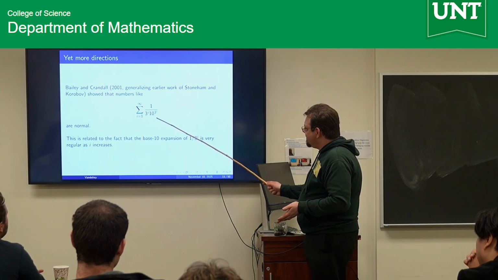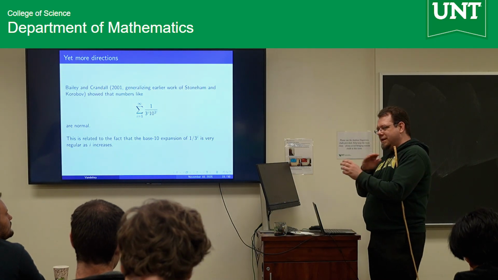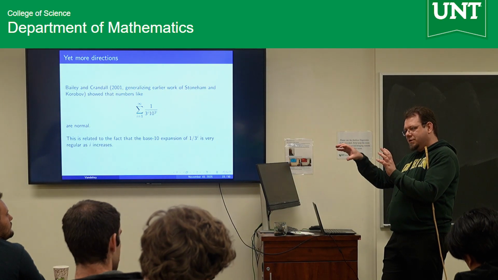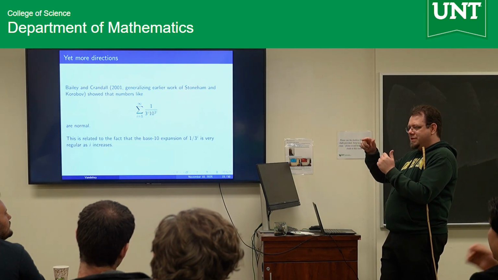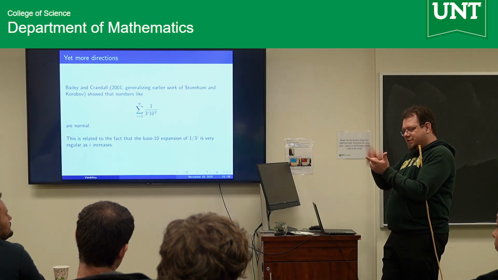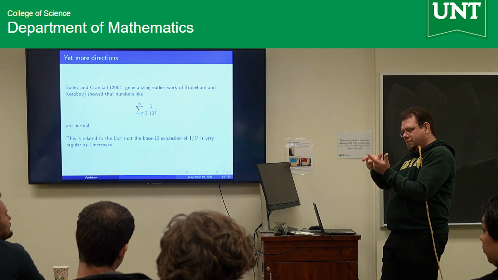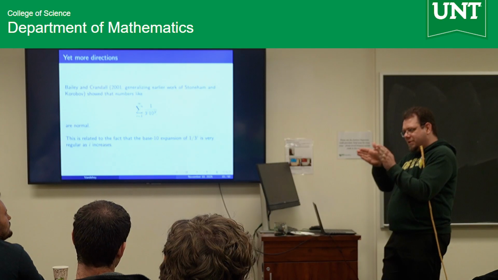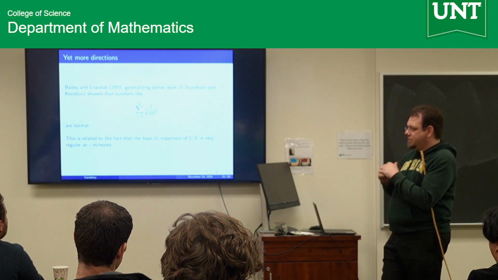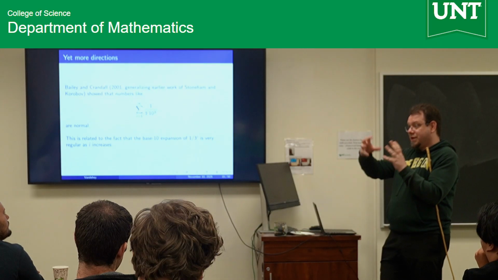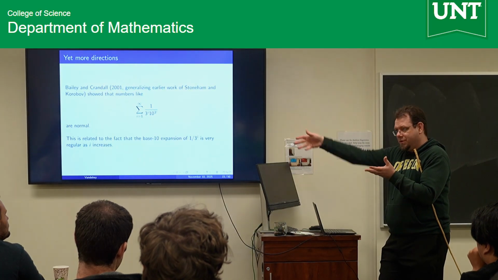But you need this gap for kind of the same reason that we had to have that massive repetition of things in that one construction. Because it's possible that, sure, 1 over 3 to the i has a nice expansion, but if you just slap a whole bunch of those things right onto one another, they could start to interfere with each other and suddenly you lose all the properties that you had. You need that gap to give one of those terms time to basically be random before you introduce anything else.